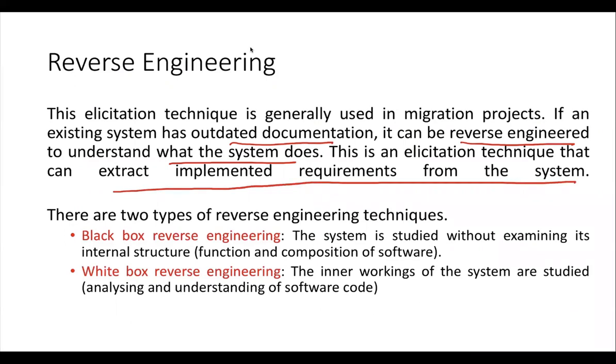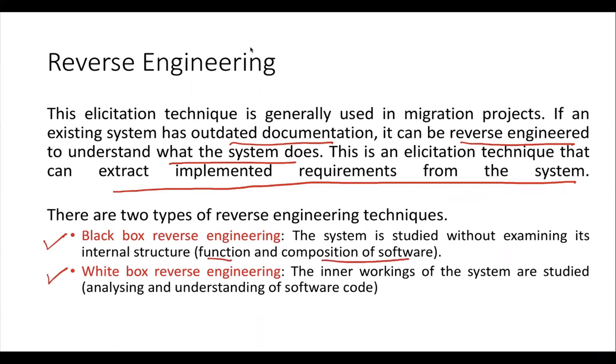In reverse engineering, there are two types of techniques. The first one is called black box reverse engineering, and the second one is called white box reverse engineering. In black box reverse engineering, we study the components of the system without examining its internal structure. That means we are not examining the functionality or the composition of the software.